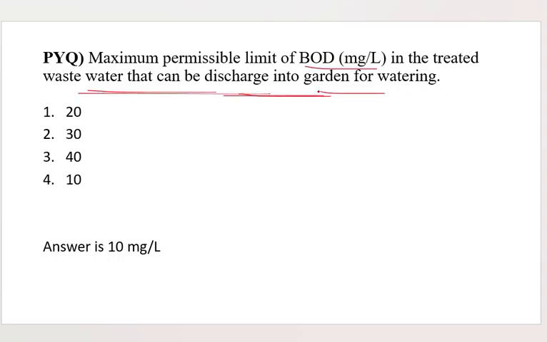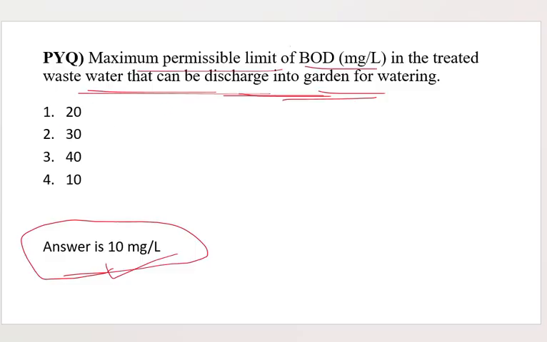The permissible limit is 10 mg per liter. Please remember this also. Water where BOD is 10 mg per liter can be used for gardening irrigation. That is the permissible limit for BOD.